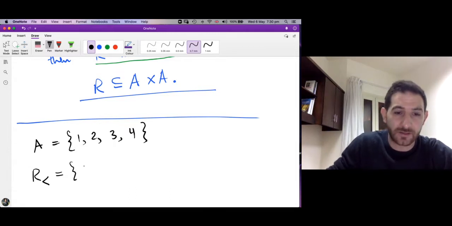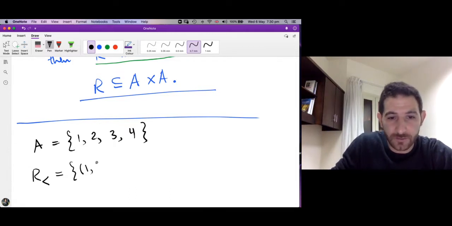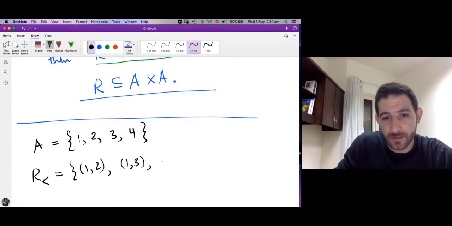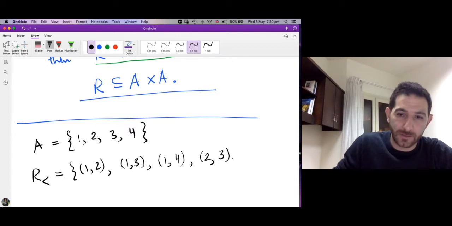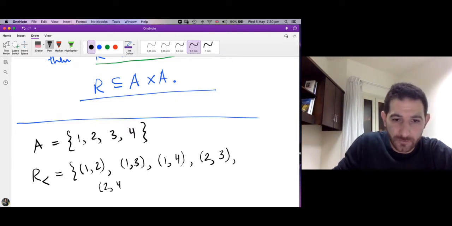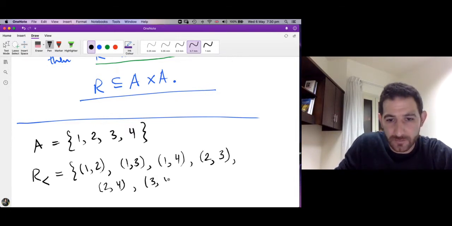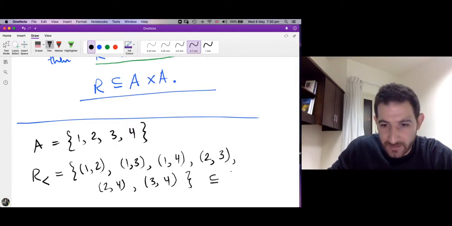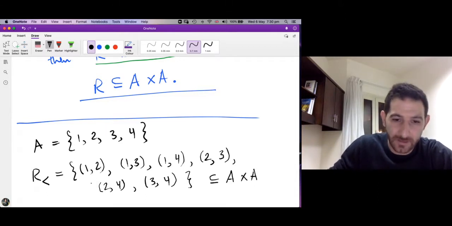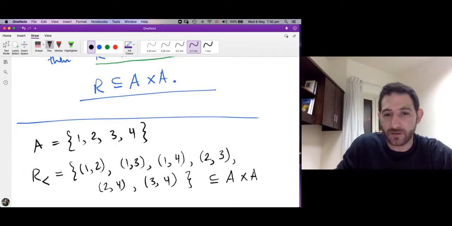So what is this? 1 is related to 2 because 1 is less than 2, 1 is related to 3, 1 is related to 4, 2 is related to 3, okay, comma 2 is related to 4, and 3 is related to 4. Okay, so this is a relation. Clearly check that this is a subset of A cross A, right? Every element here, so 1, 3 is an element of A cross A because 1 belongs to A and 3 belongs to A.